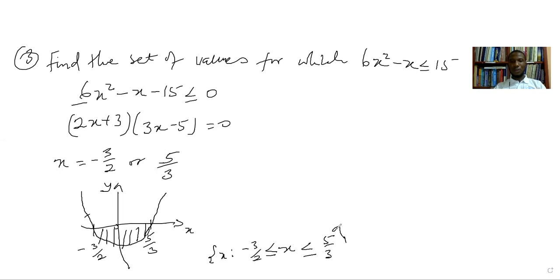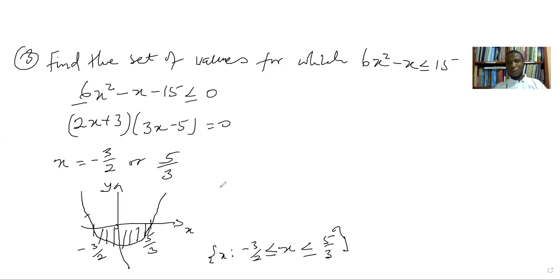So I hope you can try on your own for the other one when you change it to greater than or equal to, and see whether you'll be able to work it out.